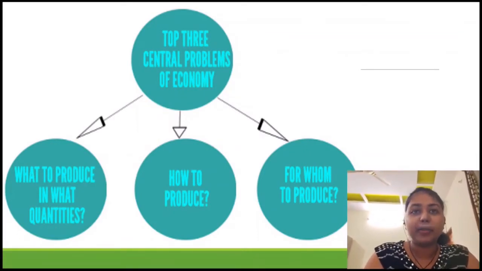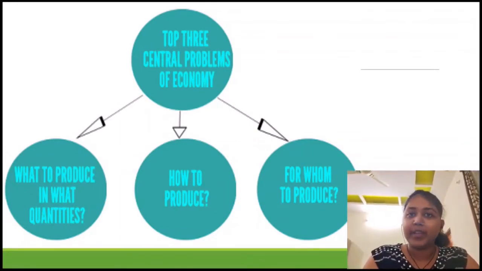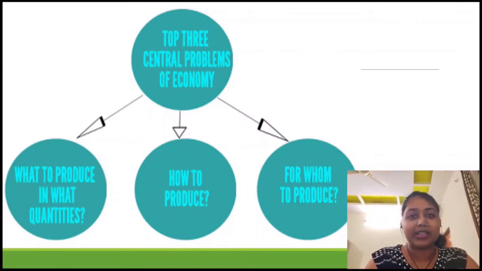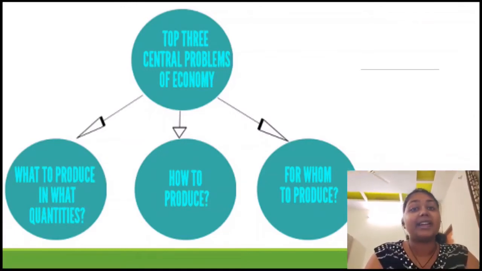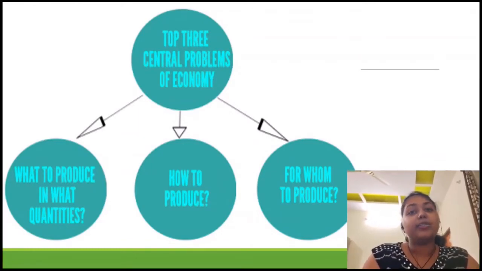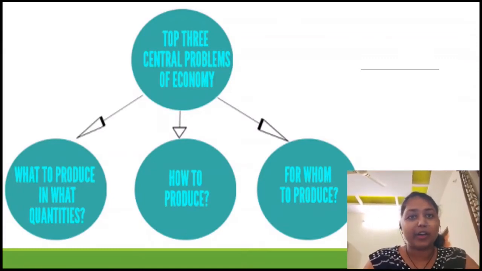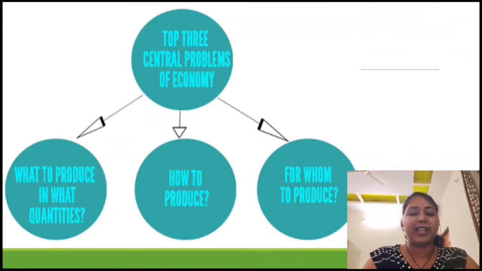An economic problem is basically the problem of choice that we need to make. We know that there are limited resources. We discussed that in our last video, that there is scarcity of resources. So an economic problem is the problem of choice which arises due to scarcity of resources and due to the alternative uses they have. The economic problem is because of three things.